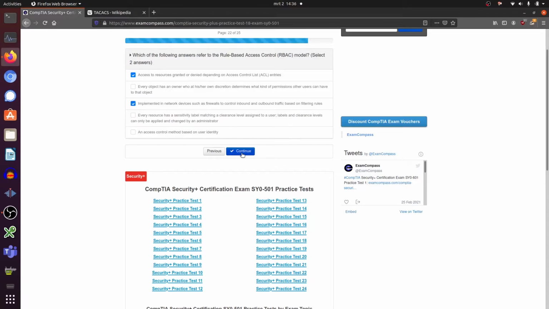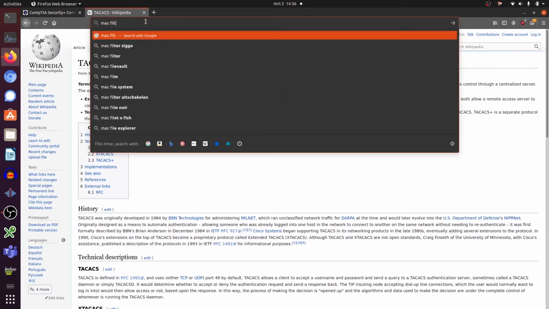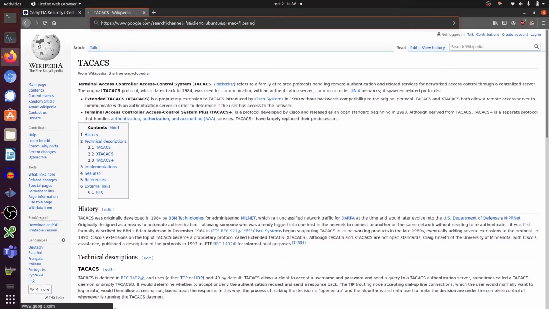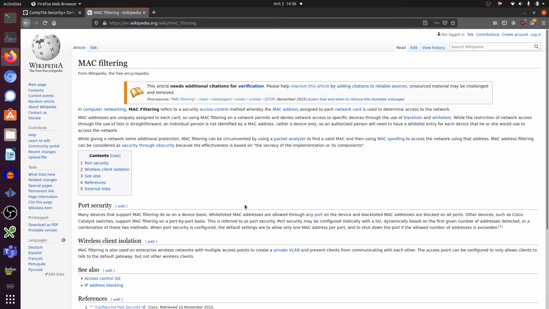If you want to know more about this, you can look for MAC filtering. Let me show you MAC filtering. Security access control method where the MAC address assigned to each network card is used to determine access to the network.